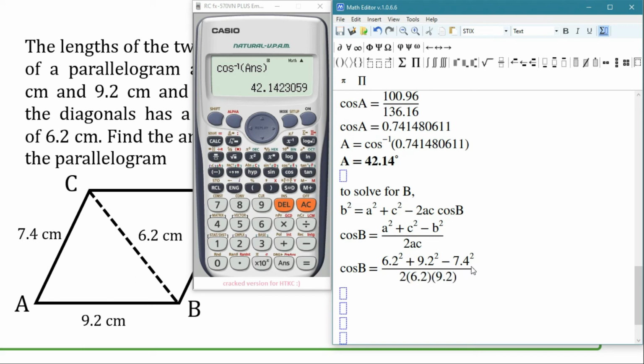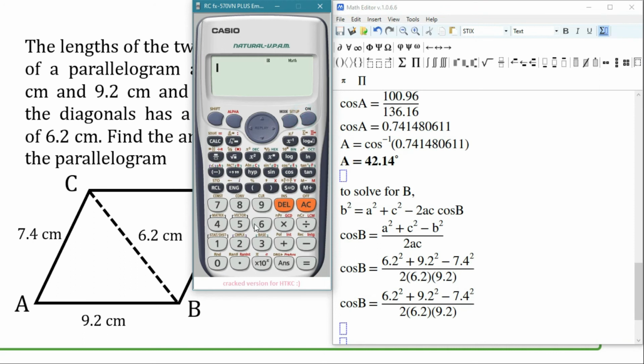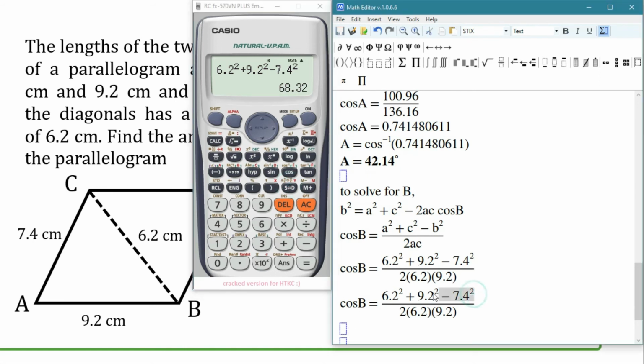Alright, there you go. And then, we just simplify. So, we'll be having cosine of B equals, so that's 6.2 square plus 9.2 square minus 7.4 square. Okay, and that is equivalent to 68.32.